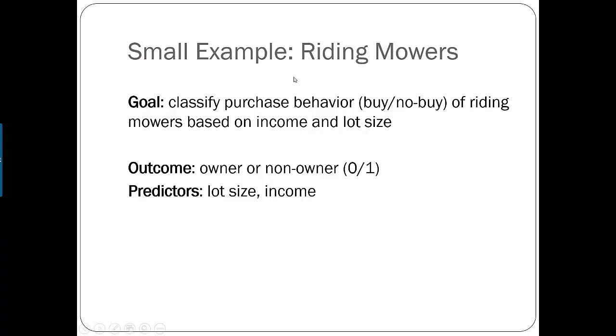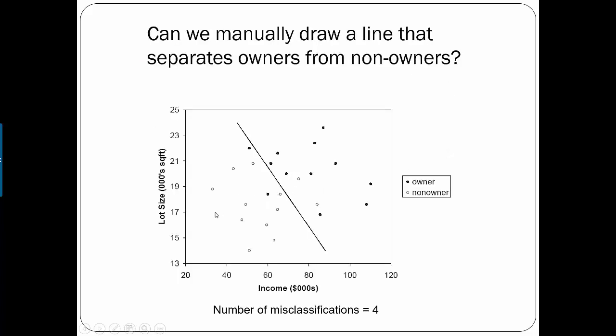So we go back to the riding mowers example, where we have two predictors, lot size and income, and the outcome is whether the householder is an owner or non-owner of riding mowers. We create a scatter plot, income on the x-axis and lot size on the y-axis. And let's suppose we draw manually a line that separates the observations.